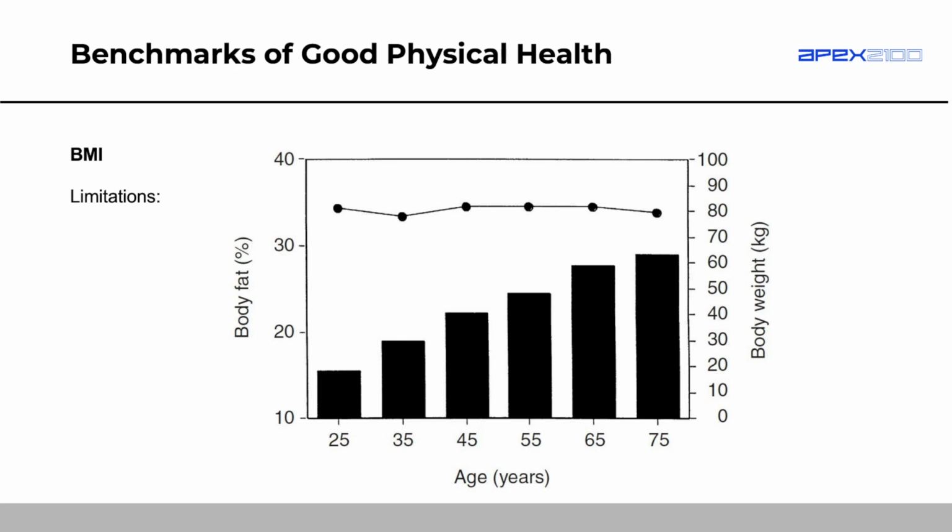Body fat on the left-hand side is referring to the columns. So when you're looking at the columns, you're reading body fat. So even though all these people weigh the same, their body fat is drastically different. The 25-year-olds have 15% body fat compared to the 75-year-olds who are almost at 30% body fat, even though they weigh the same. So their BMI would be the same. We can see big differences in the actual body fat percentage.